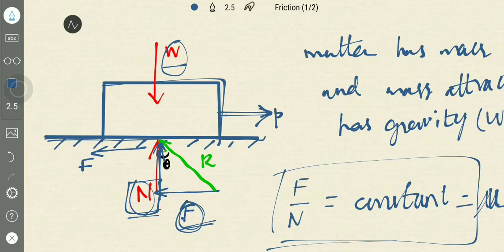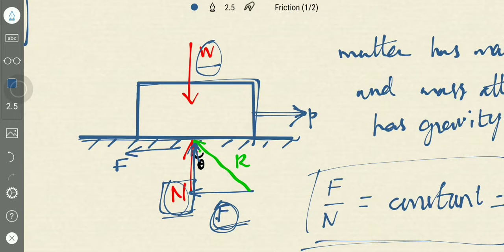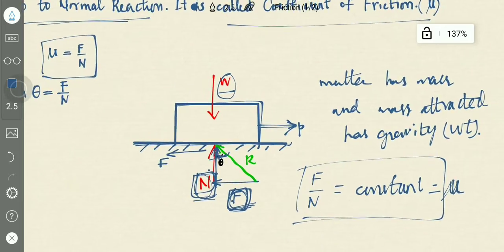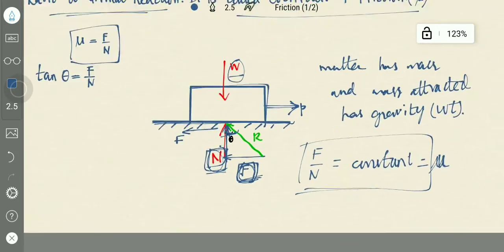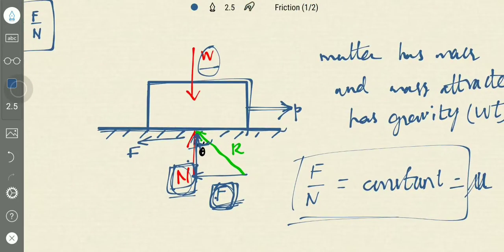It is also defined as the angle made by the normal reaction and the resultant of friction and normal reaction, which is called the angle of friction. So what is the angle of friction?